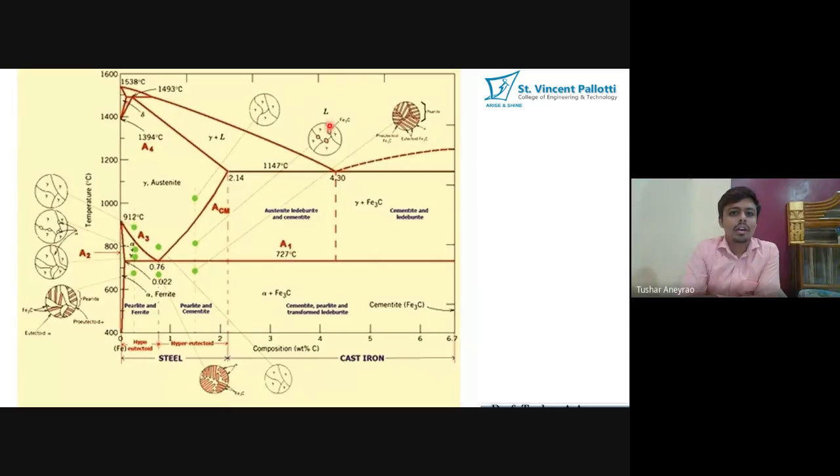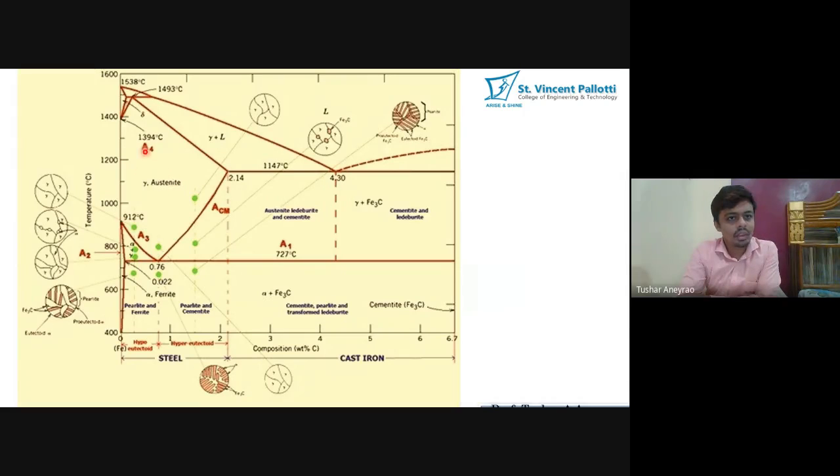Then try to remember only the phases. See how to remember these phases. In this region, the liquid phase is there. Here austenite is there, and here austenite is there. So austenite plus liquid is going to come here. And in this largest region, austenite is there, right?